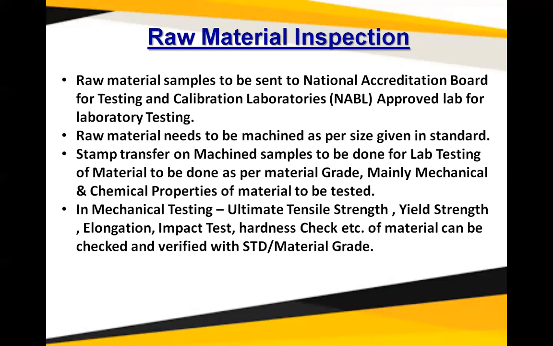So I was discussing the stamp transfer, and once you visit the laboratory, you have to witness the samples and the lab testing for the mechanical and chemical properties. This mechanical testing is generally to see the ultimate tensile strength, yield strength, and elongation of that material as per the standards given.